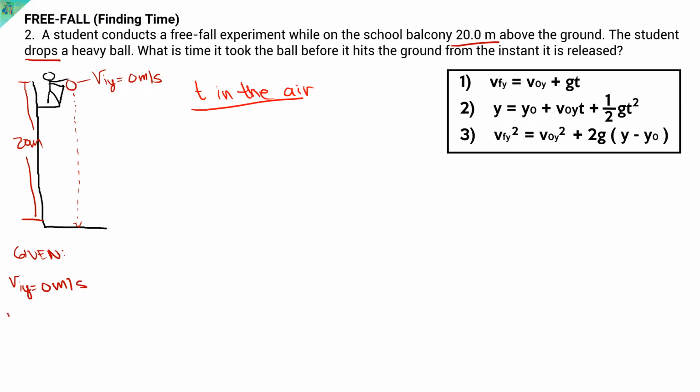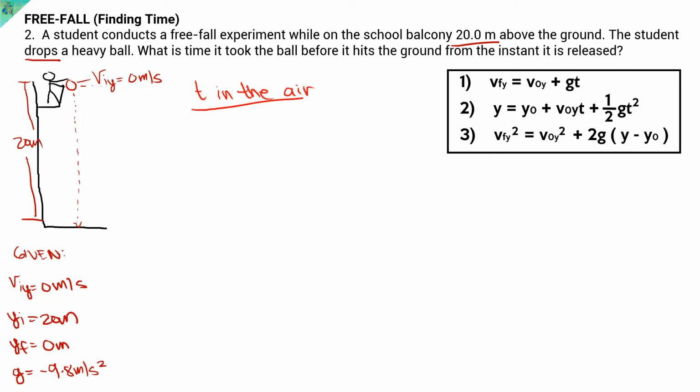How about our position? Our initial position would be 20 meters since it started at this height. Our final position would be 0 meters because that will be the time it hits the ground. And of course, gravity is also given to us. It's negative 9.8 meters per second squared. Okay, so those are our given.